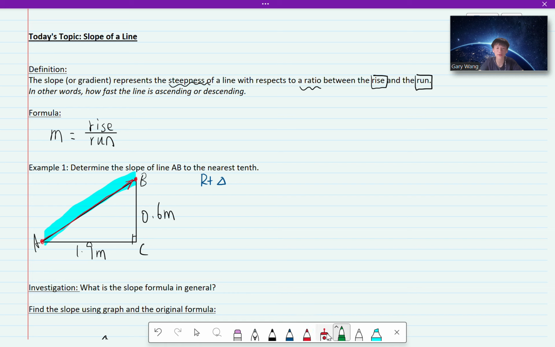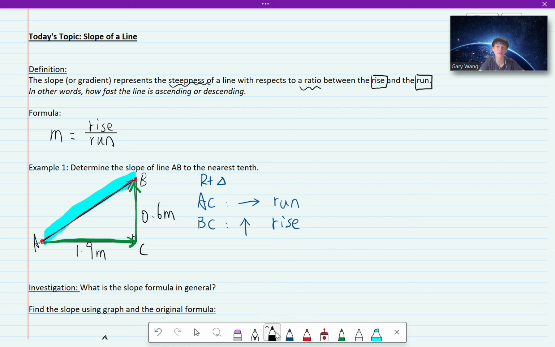However, we also have a second way, which is to go from A to C first, and then go from C to B. And therefore, we can see that for AC, we have a direction to the right, and for BC, we have a direction up. So this to-the-right direction, AC, would be the run, because it runs to the right, and BC would be the rise, because it rises from C to B.